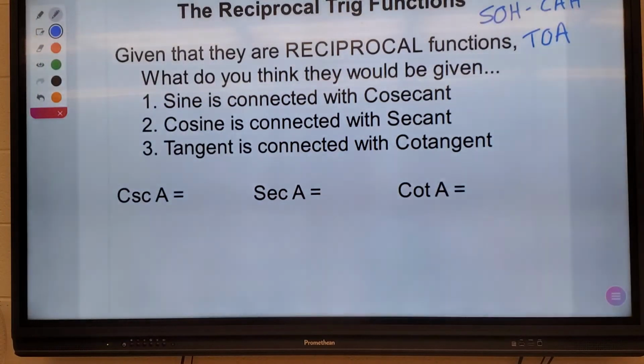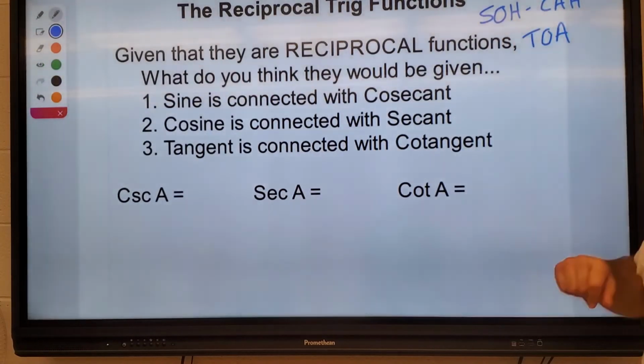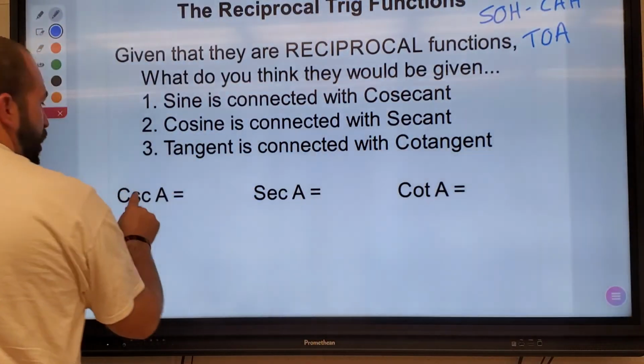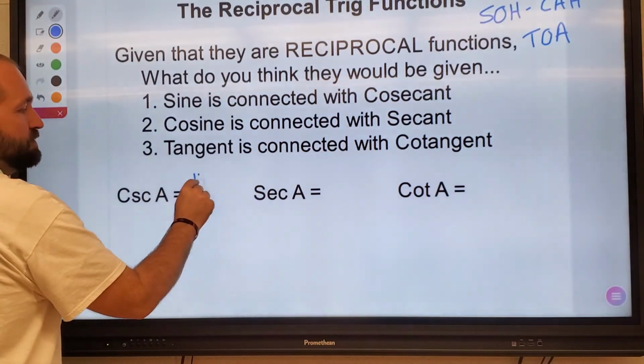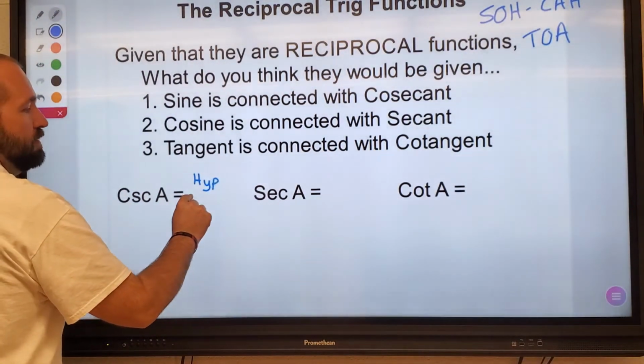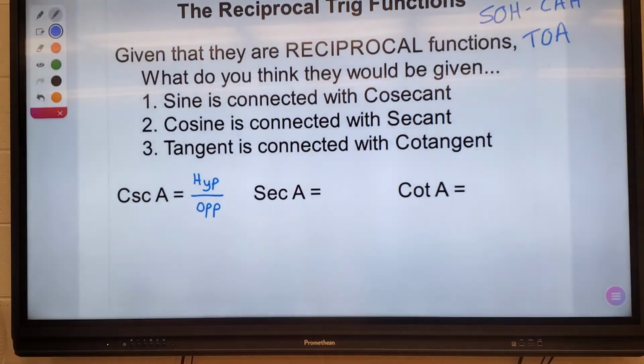Then what you're going to do is look at sine and flip it. That's what the reciprocal means. So if sine is the opposite over the hypotenuse, then cosecant of the angle is equal to the hypotenuse divided by the opposite. Okay, again, the reciprocal.